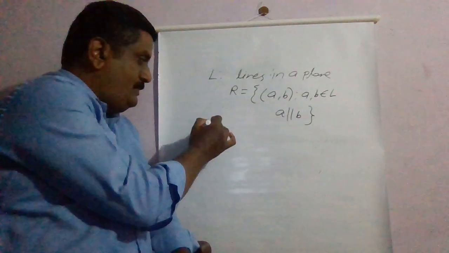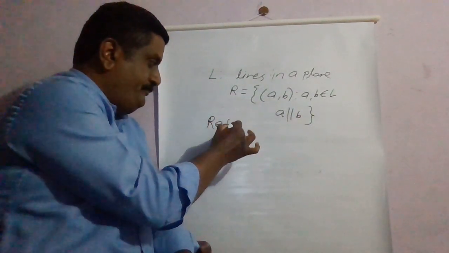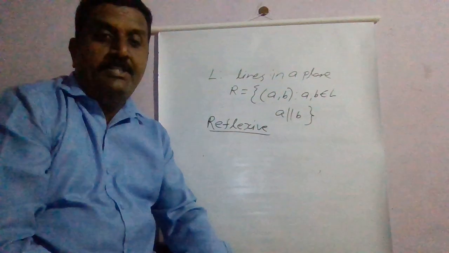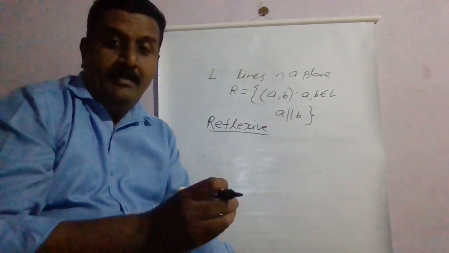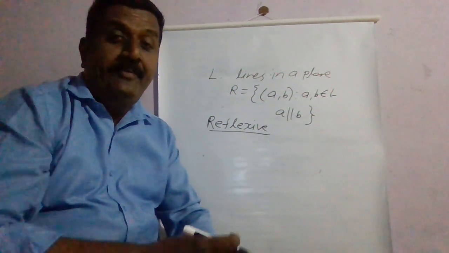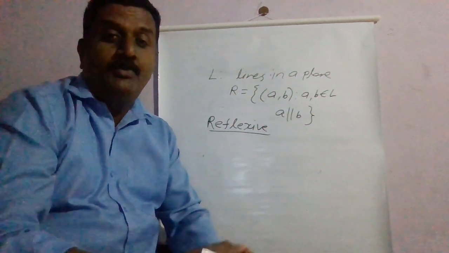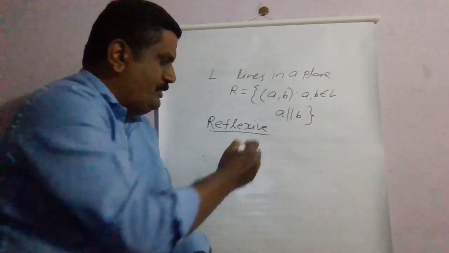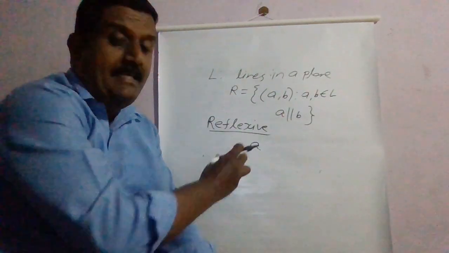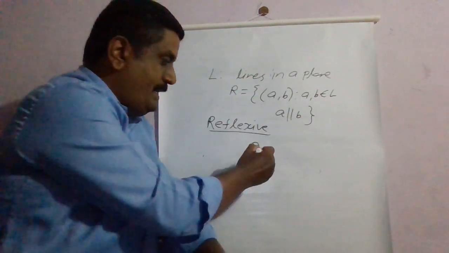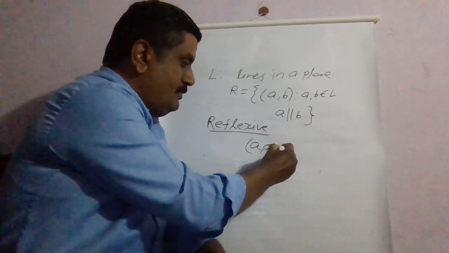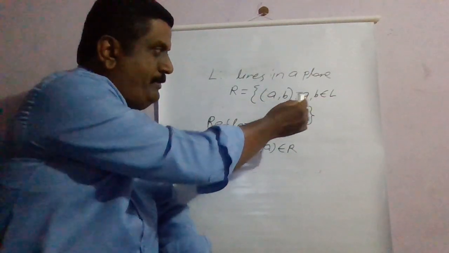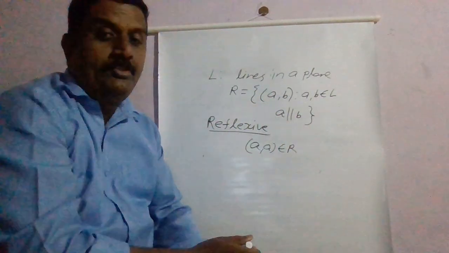First you have to check whether it is reflexive. By definition, we know that if a relation is reflexive, every element must be related to itself. Here, suppose you take a, which is a line. The condition is, if (a, b) belongs to R, then a is parallel to b.